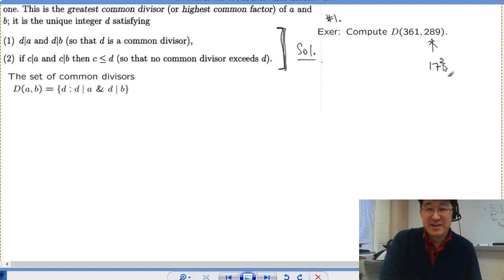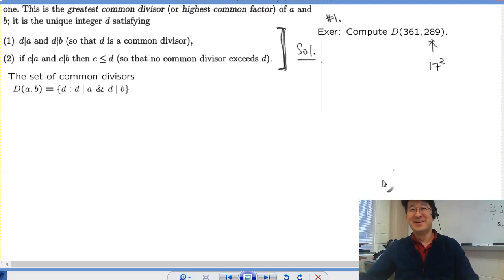Bingo, he found it. Took 2 minutes. All right. 19 squared. Oh, he said it. 19 squared. There it is.